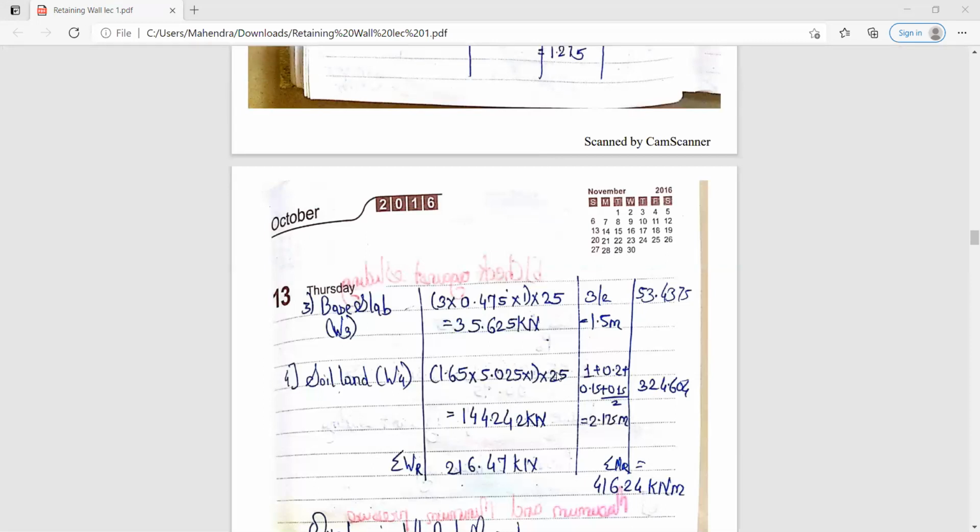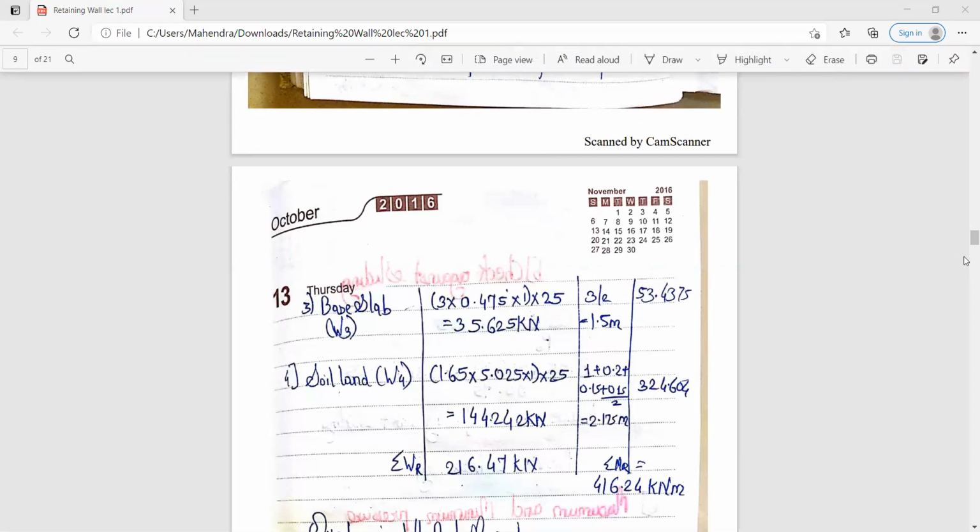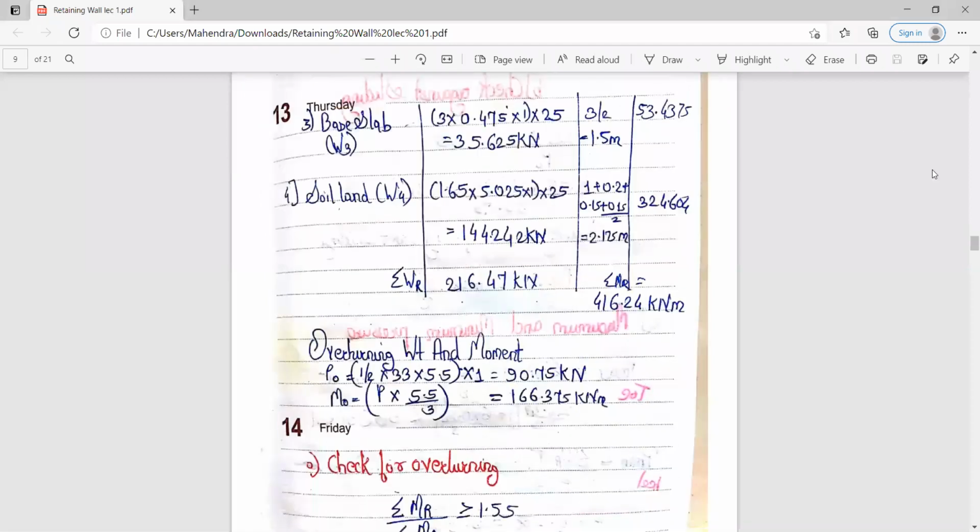Instead of 25 over here, solve it using the 18. Because the density of soil is 18 when you are going to consider part W4, weight W4. That is for the soil land.